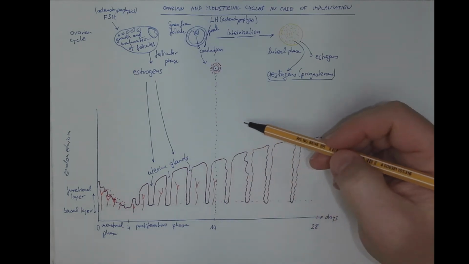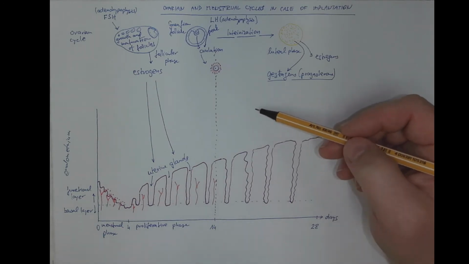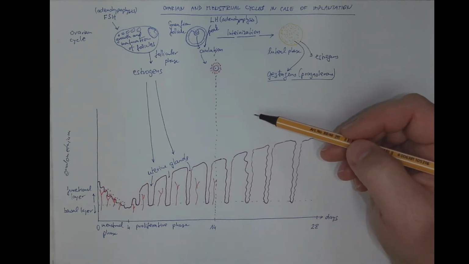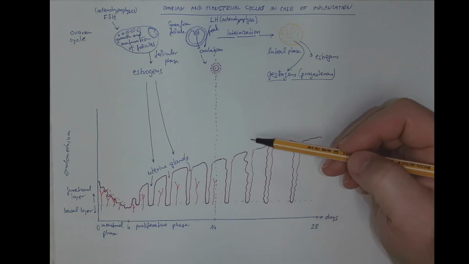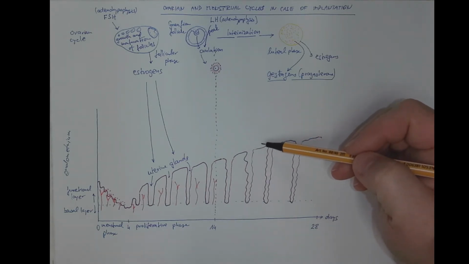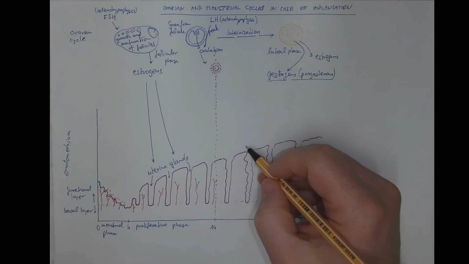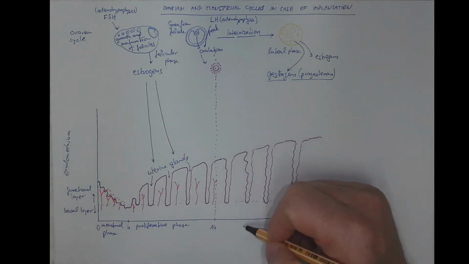Then we know that 4 days after that the morula is hatching from the zona pellucida, becoming a blastocyst, and that travels into the uterine cavity, and on the day 5 to 6 it adheres to the endometrium.